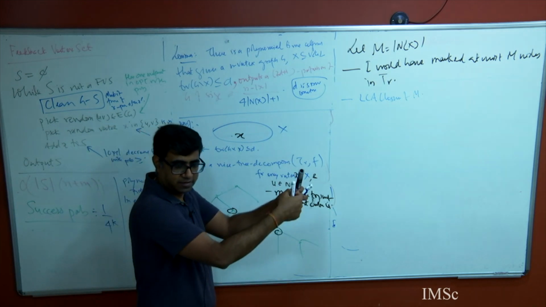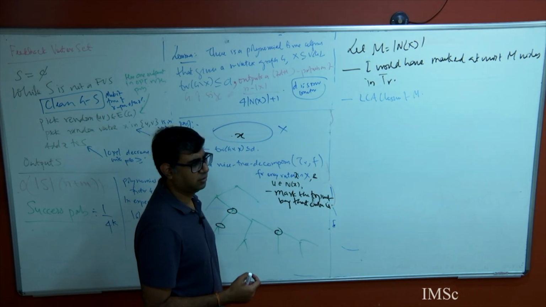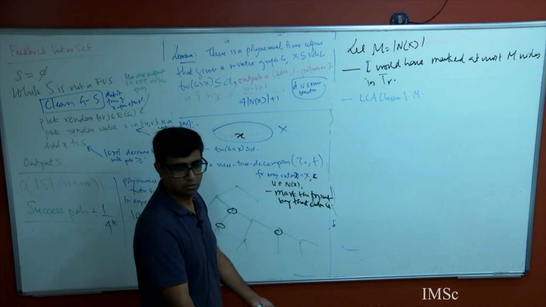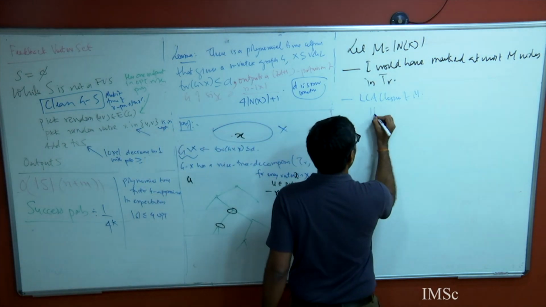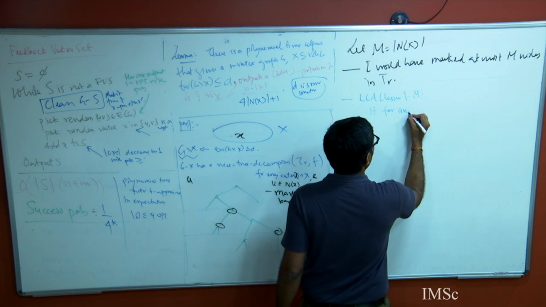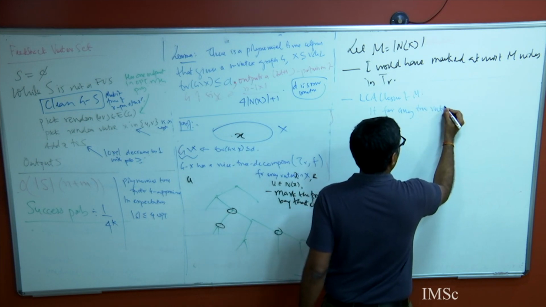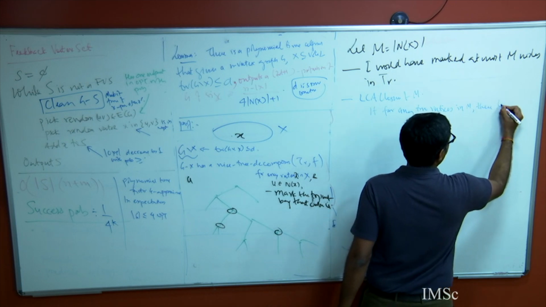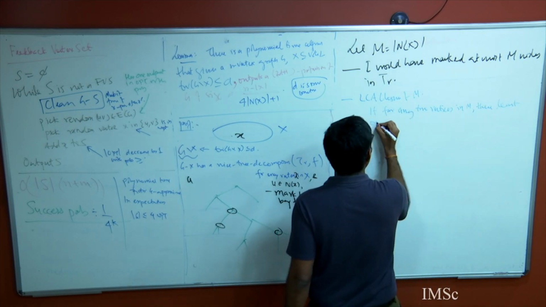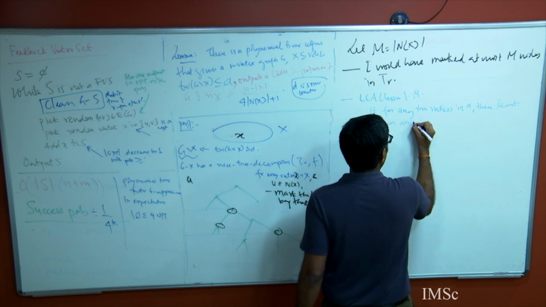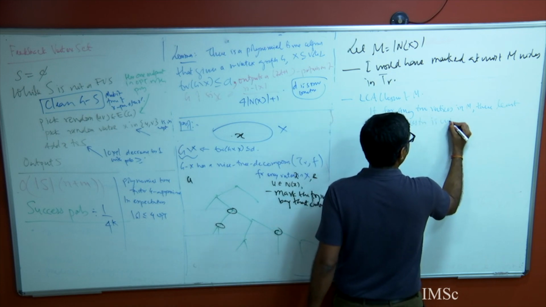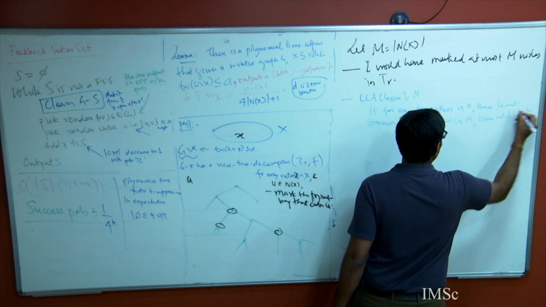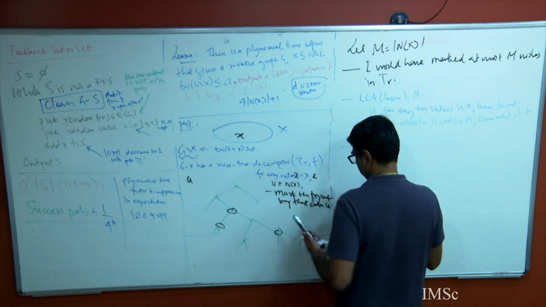If their least common ancestor is not in the set, you add it to the set. So if for any two vertices in M, their least common ancestor is not in M, then add it to M.